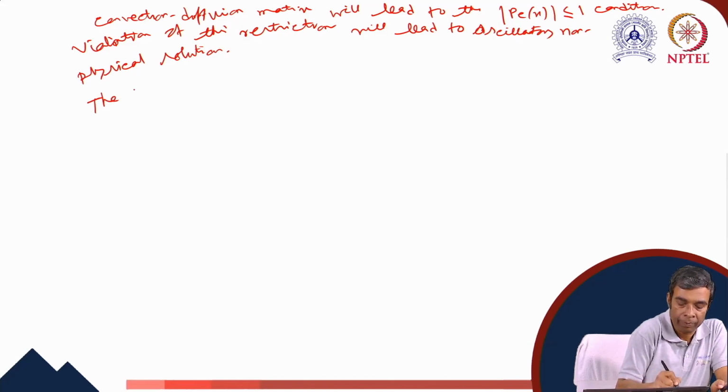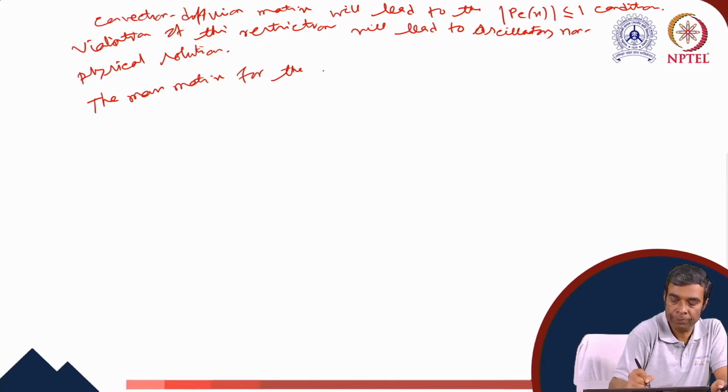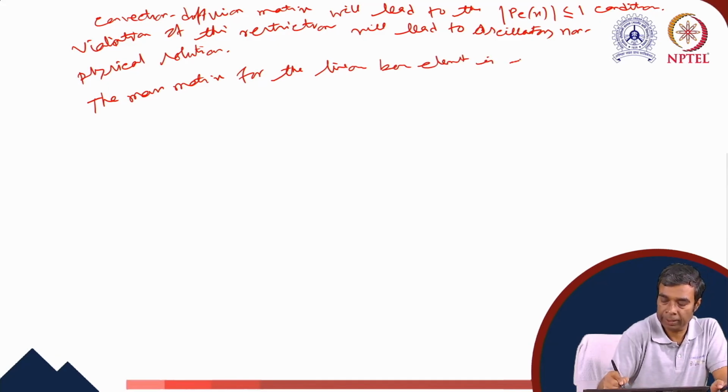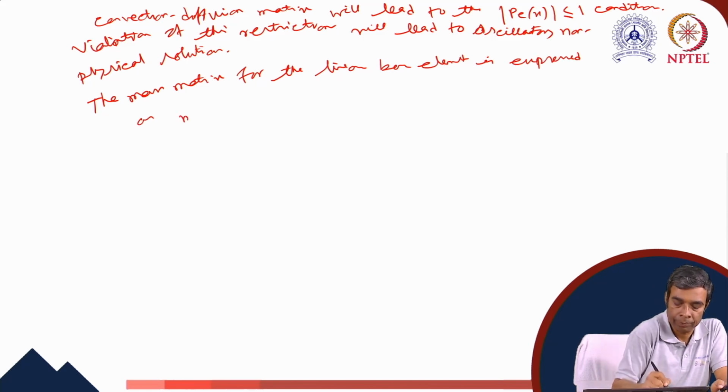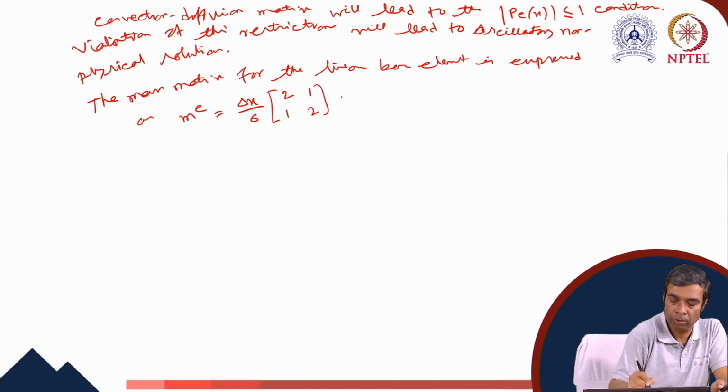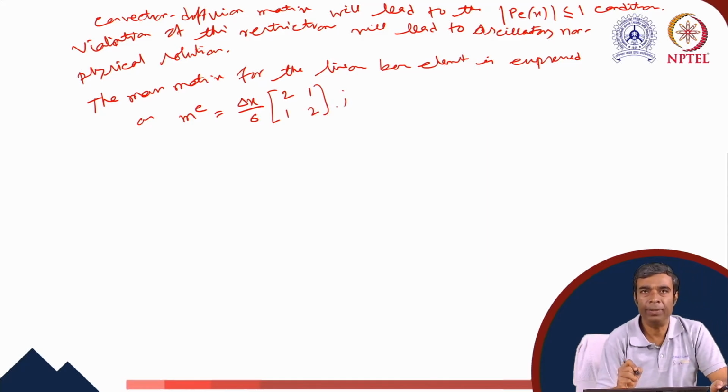The mass matrix for the linear bar element is expressed as ME equals delta X by 6 into [2, 1; 1, 2]. So here we rewrite the combined convection diffusion matrix once more.